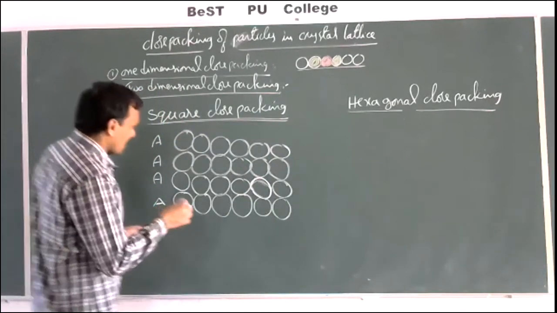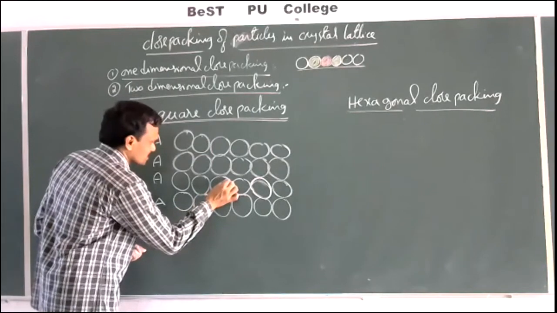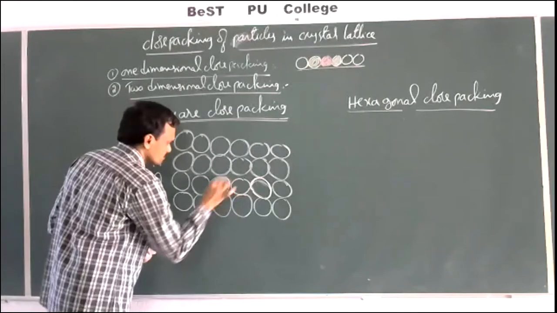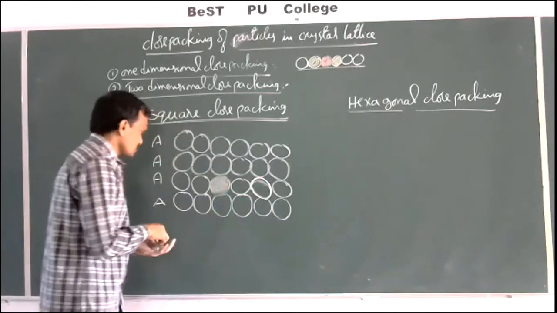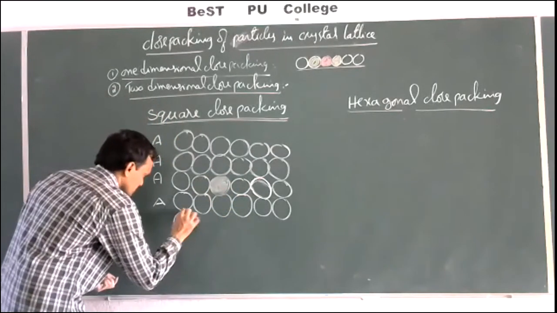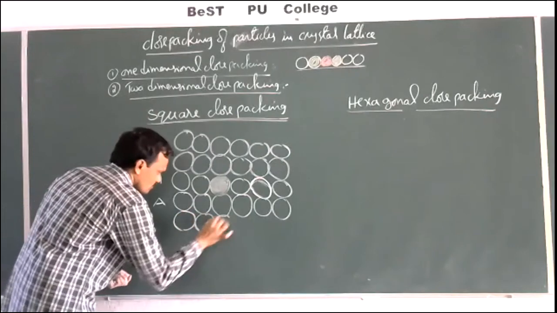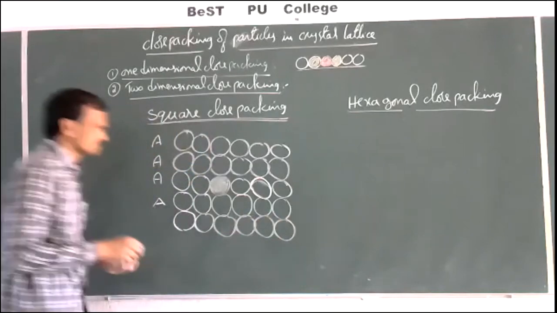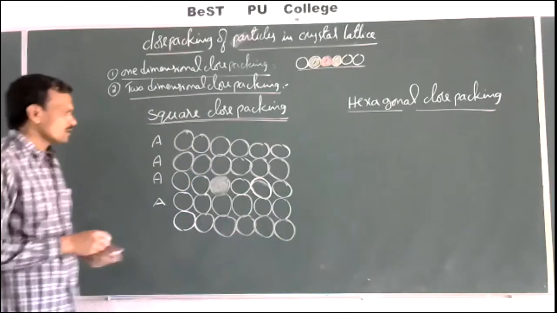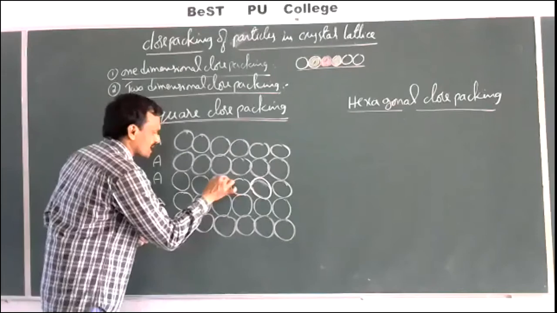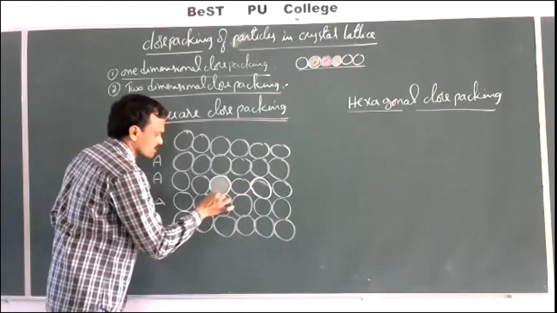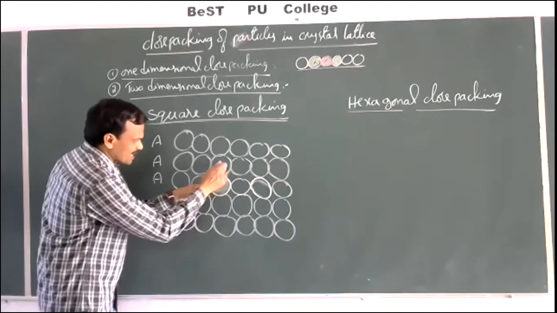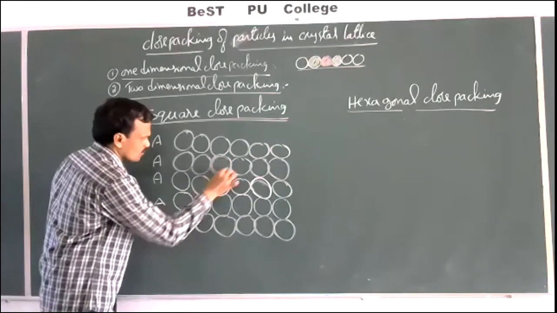Now here, I will select one sphere. Select any sphere, one sphere. Now, this sphere is in contact with how many spheres? You observe clearly, this sphere is in contact with this sphere, one.